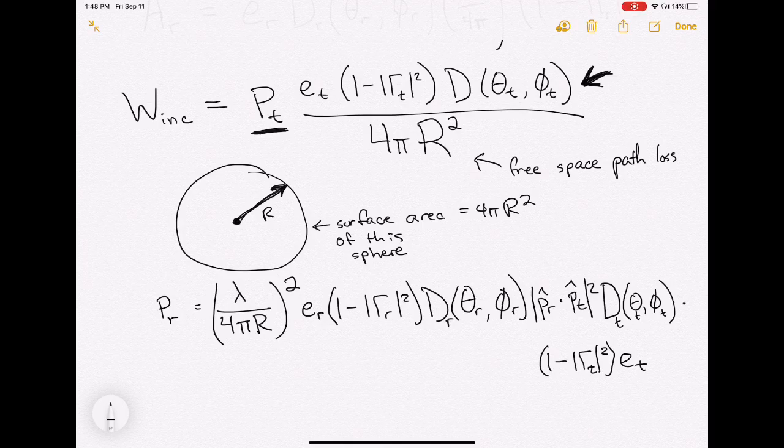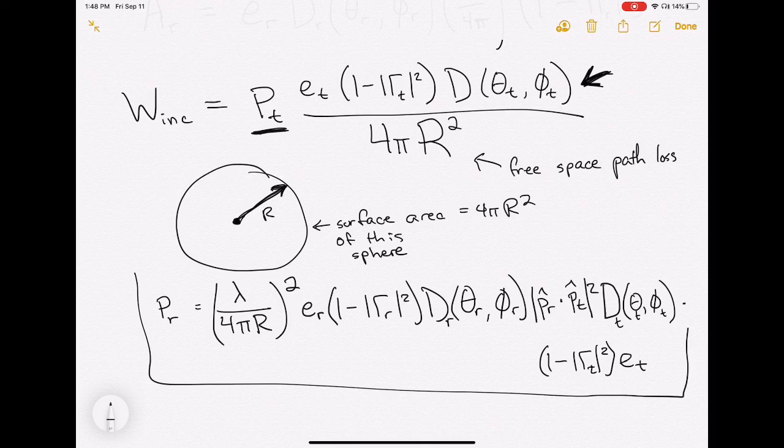Did I get everything? Yes. Oh, and I forgot an important factor, the transmit power itself. So that's the entire Friis transmission equation.